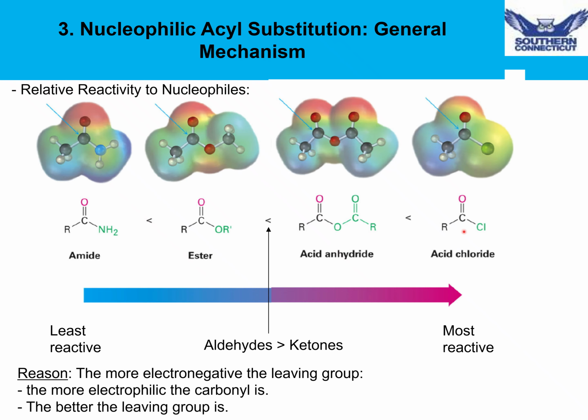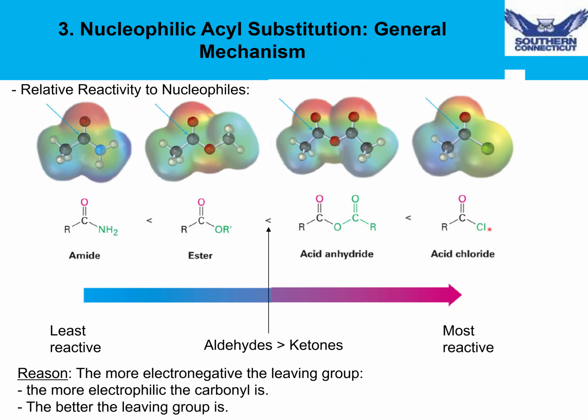The chlorides and the bromides have halogens, which don't form a very strong bond to carbon because the orbitals of chlorine and bromine are slightly different sizes than the orbitals on carbon, so they don't overlap very well, and so they tend to form a very weak bond.